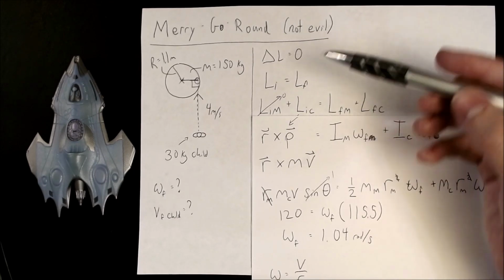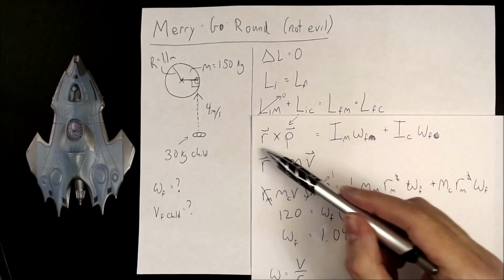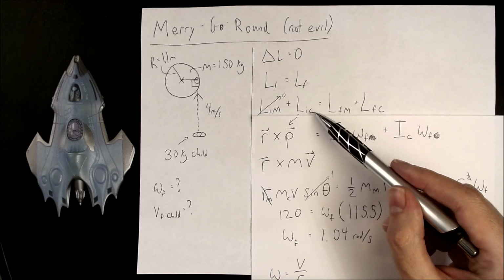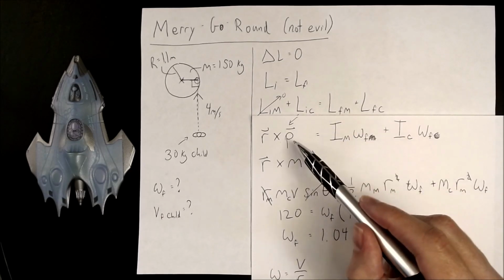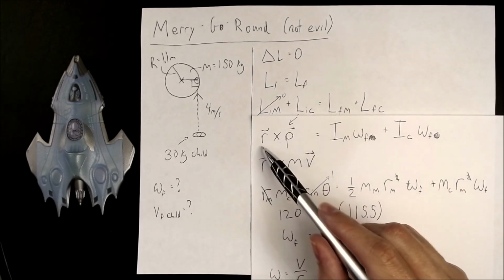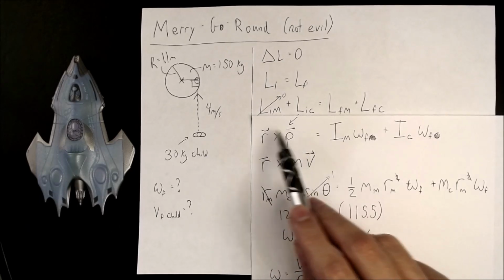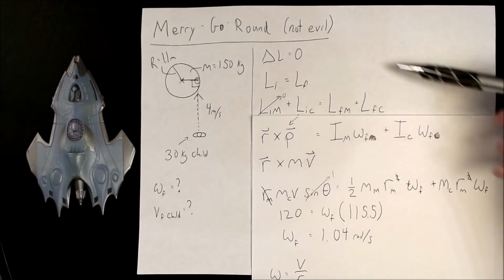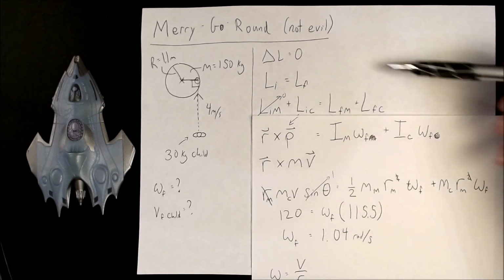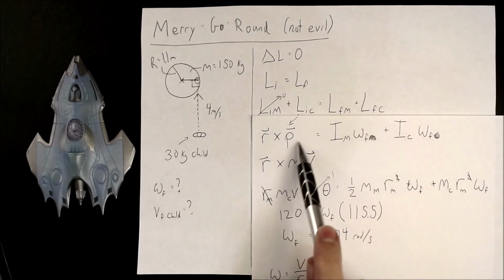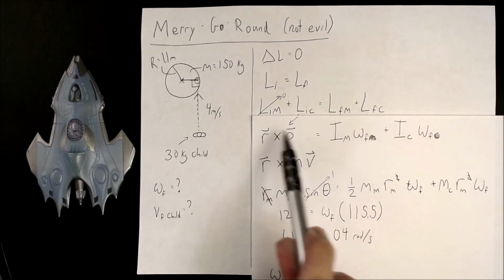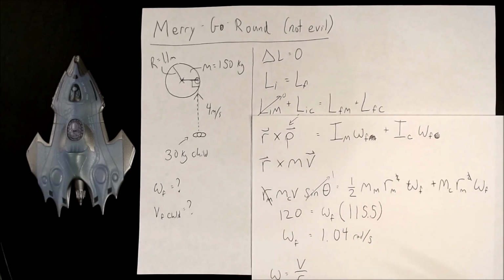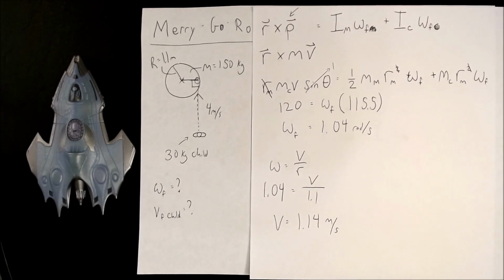The one weird thing is that we can convert one of the angular momenta into a linear momentum times a radius. That's the one thing that makes it not quite a momentum problem. But looking at the skills that you use to solve momentum problems, these are all the same skills, except here's the one new skill that you also need to remember. Everything else works out effectively the exact same way.